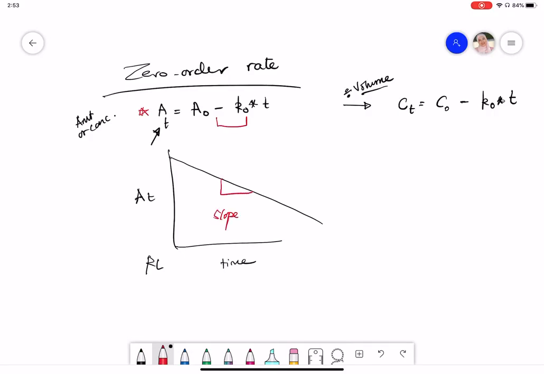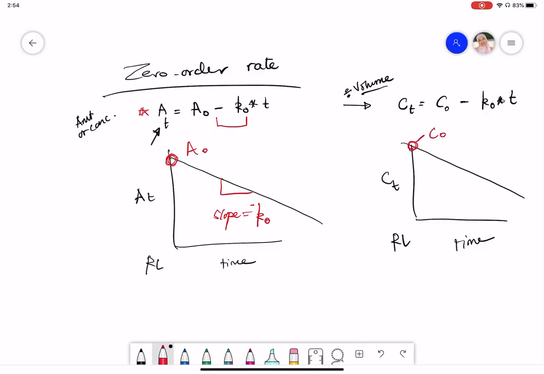So we use the slope to determine the zero order rate constant, and we have this as the y-intercept, okay? And for sure, a similar profile would be here for concentration at a certain time versus time. The only difference is that you will have C naught here, but the slope won't change. It would be equal to minus K naught.